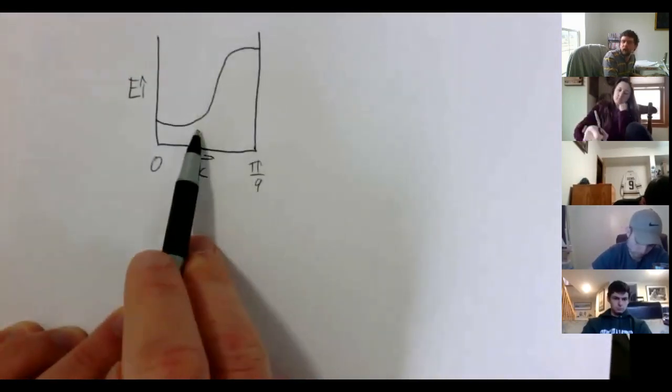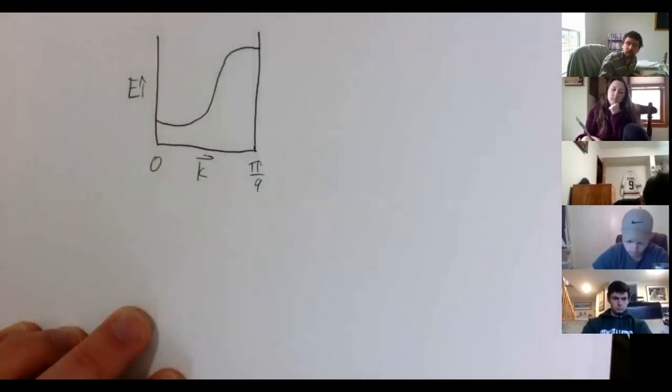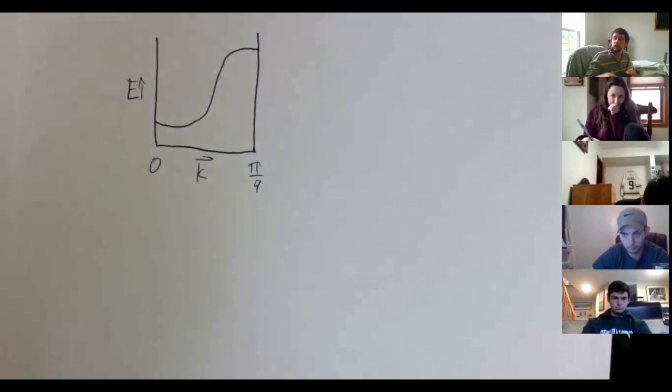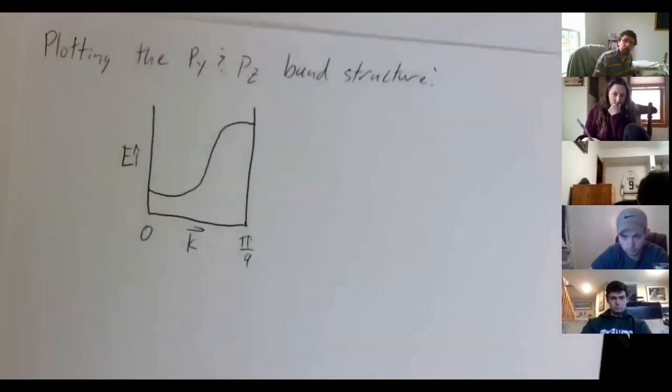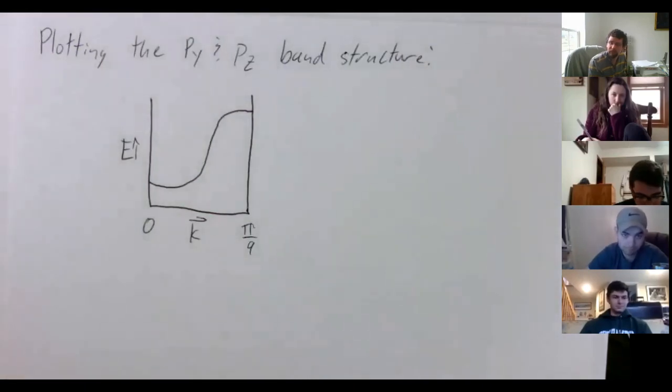Okay, now how many bands do I need to draw? Three. Yeah, we will get to three because we're going to draw all three of them. But right now we're plotting the p_y and the p_z, so how many bands should I have drawn? Two. Yep.